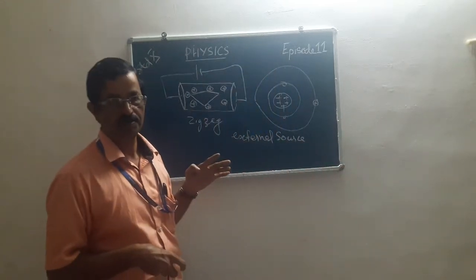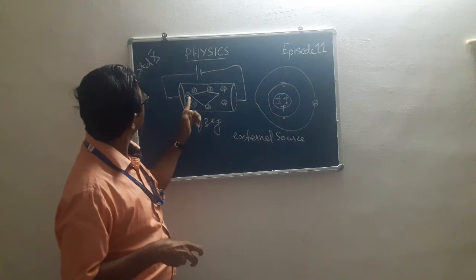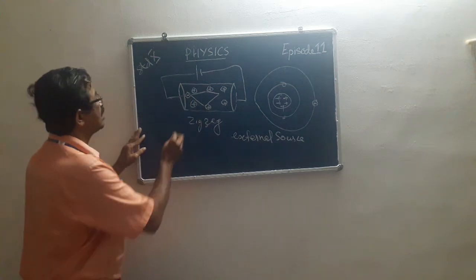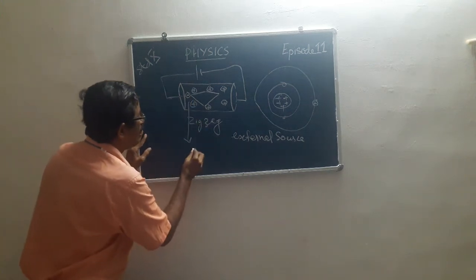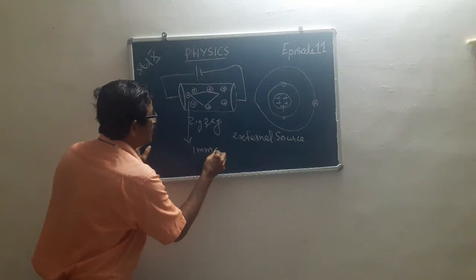But actually the speed of these electrons is very small, about 1 millimeter per second.